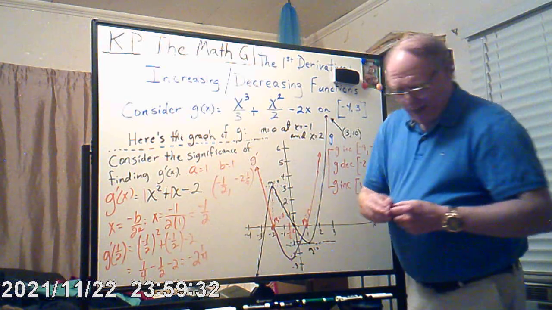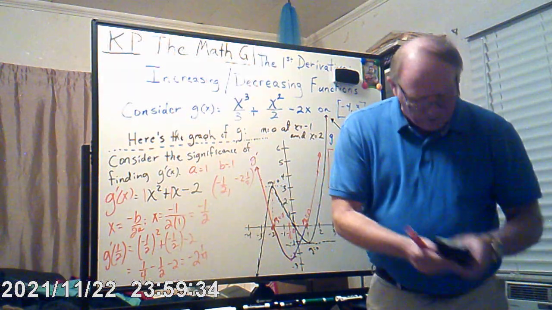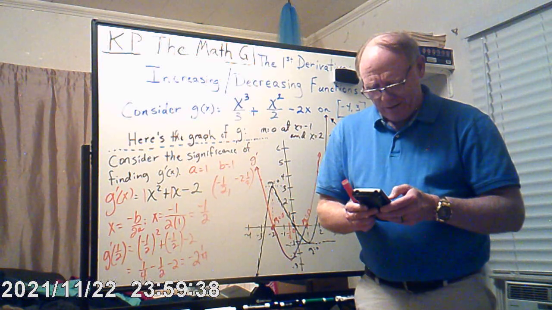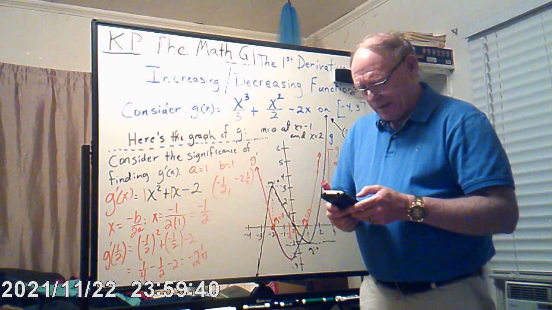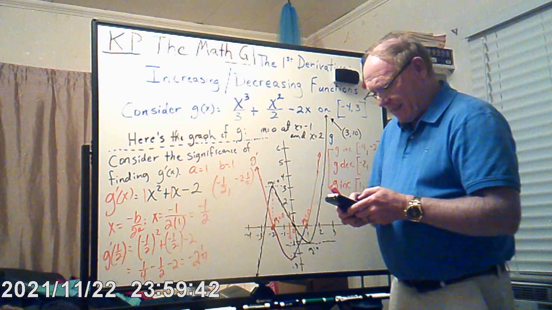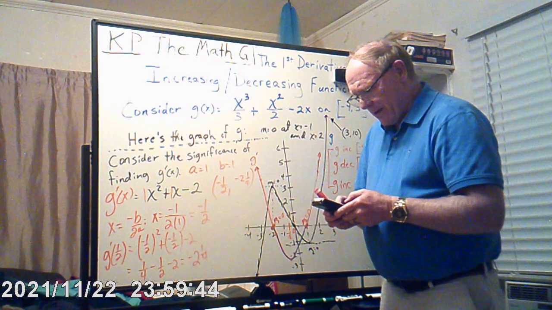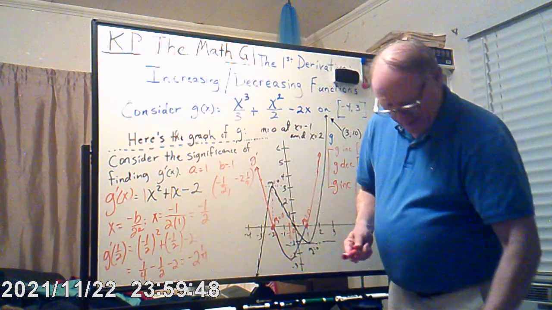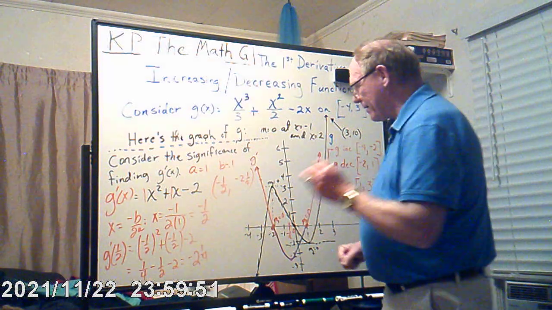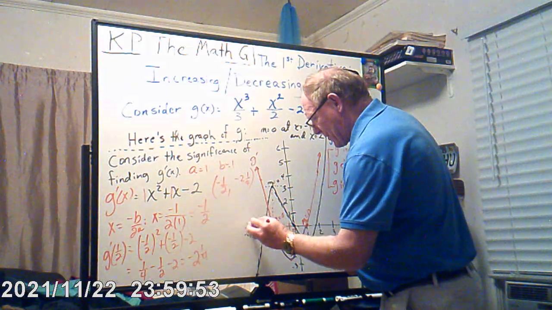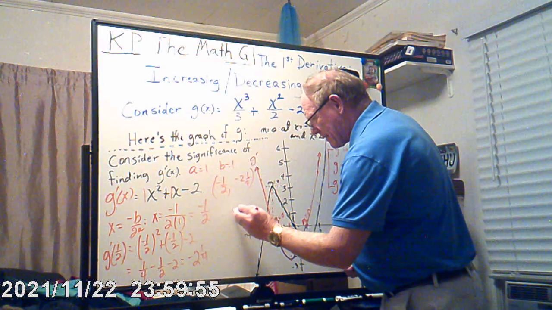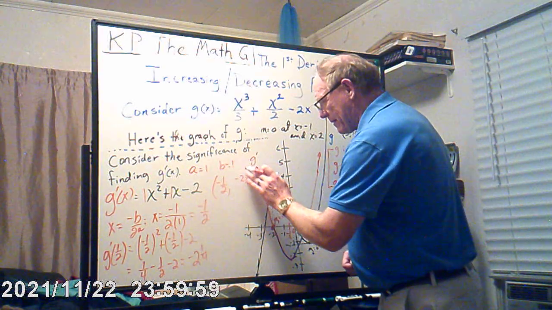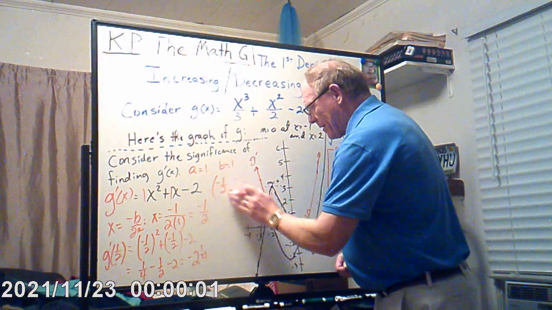As a matter of fact, I can look this up real fast. I already have it there. At -4, it goes up to 10. So at -4, it does go up to 10.